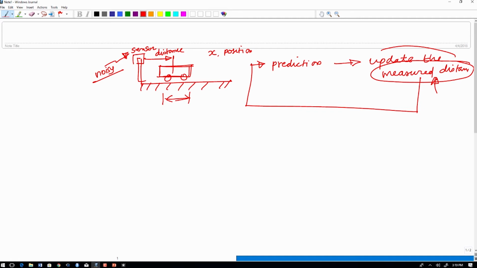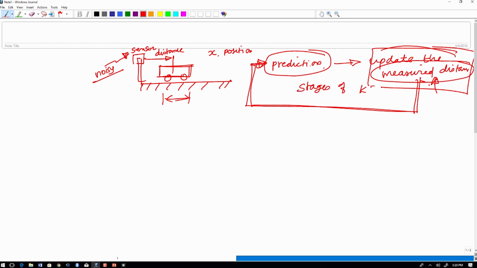So, to avoid this, the Kalman filter uses special prediction algorithms to update the measured distance. The measured distance is not directly used, but it is updated based on the prediction as well as the measurement data. Once we update the measured data, we use it to predict again. These are the two stages of the Kalman filter, right.